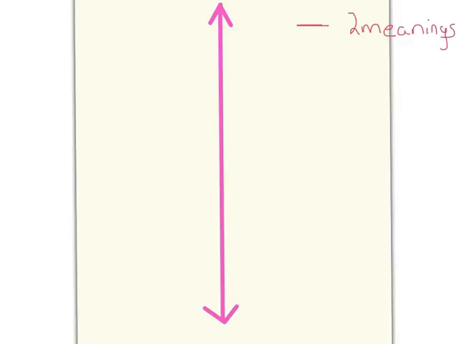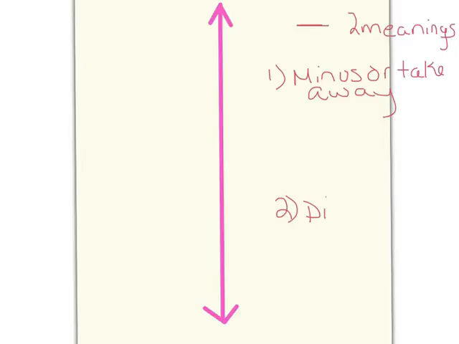One is to minus or take away. The second one is the difference or the distance between 2 numbers.